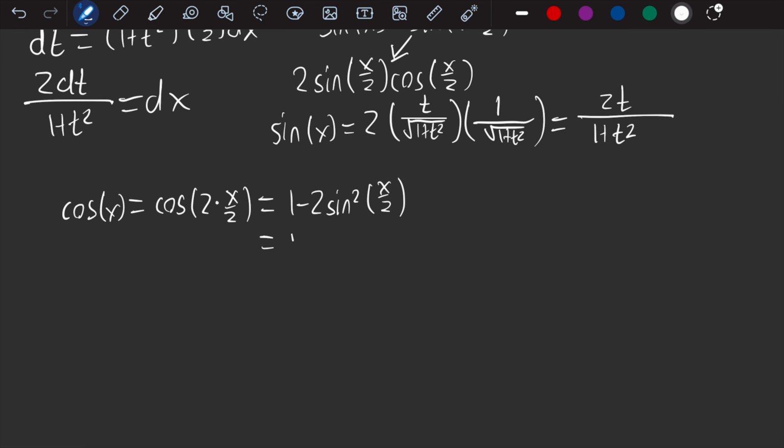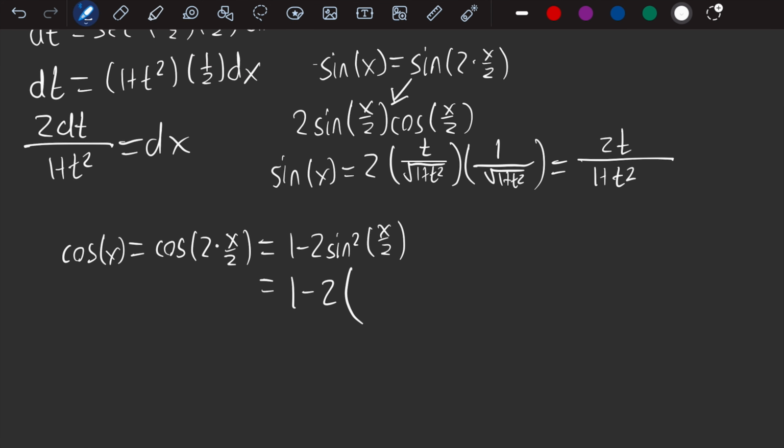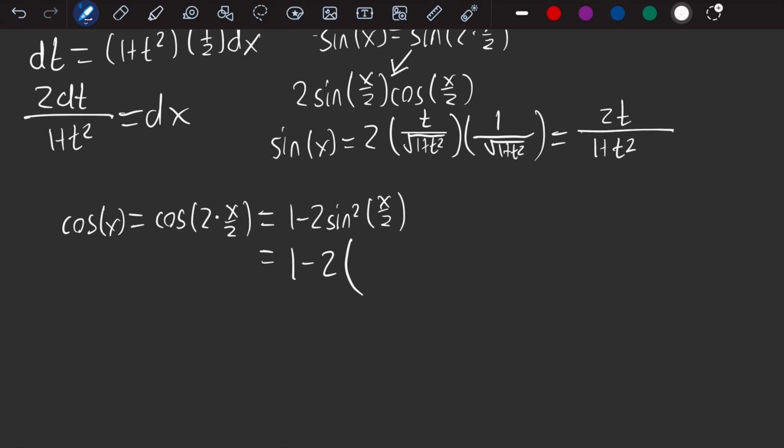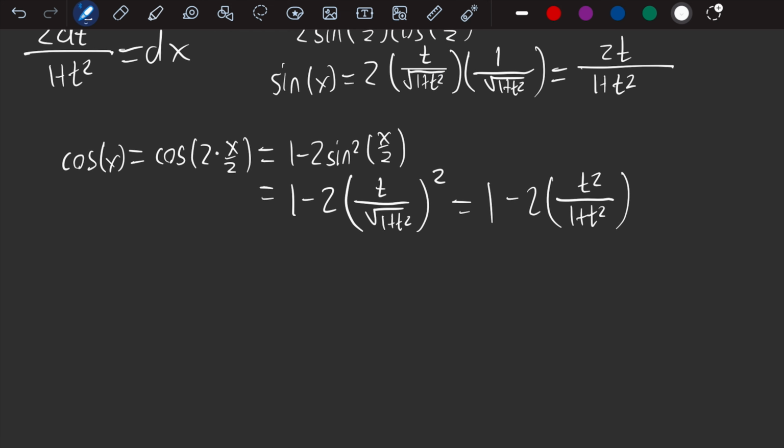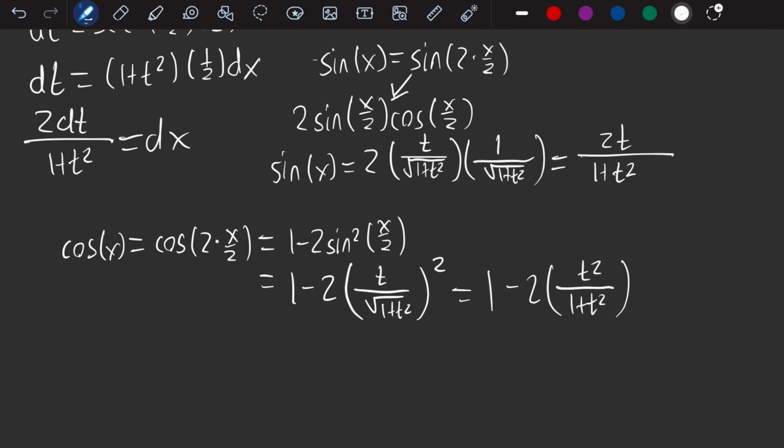So this is 1 minus 2 times, what was sine of x over 2? It was t over the square root of 1 plus t squared. We're squaring this, keep that in mind. And so this is equal to 1 minus 2 times t squared over 1 plus t squared. But let's clean this up a bit. We don't want cosine of x to be a sum of terms.